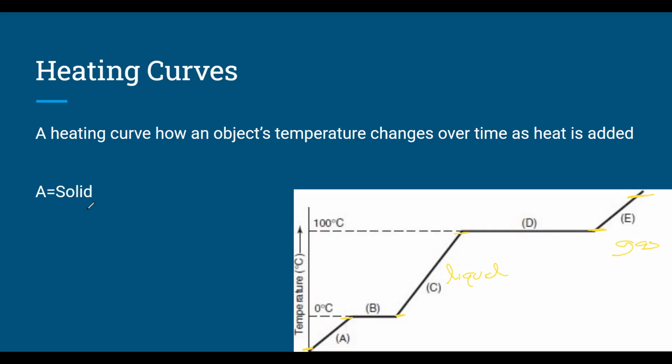Let's look at B and D. In B and D, the temperature does not change, it stays the same. B and D, no delta T, no temperature change. So these are phase changes.